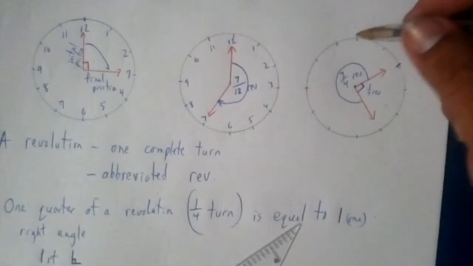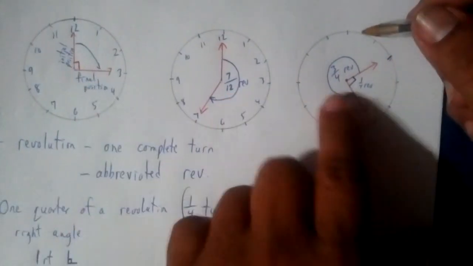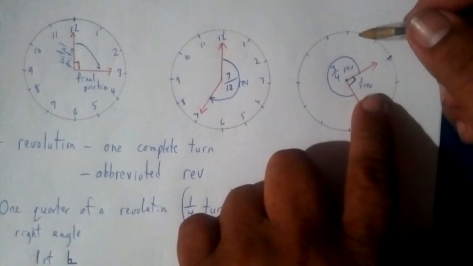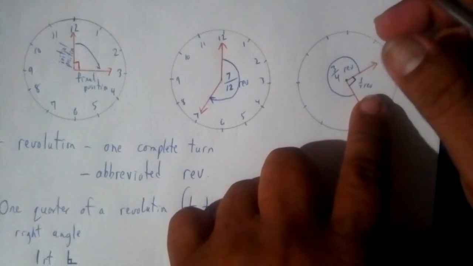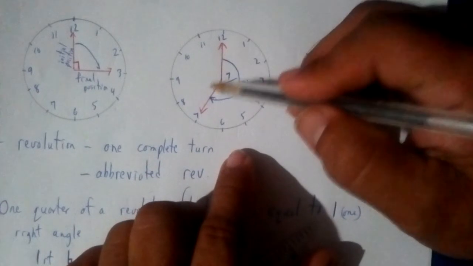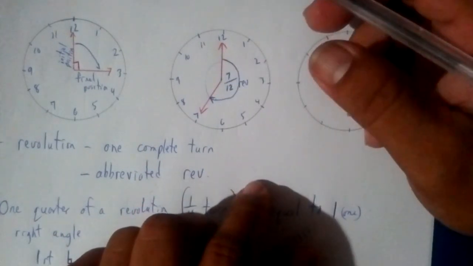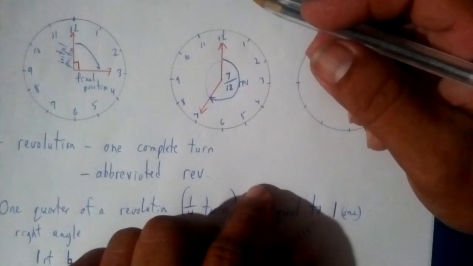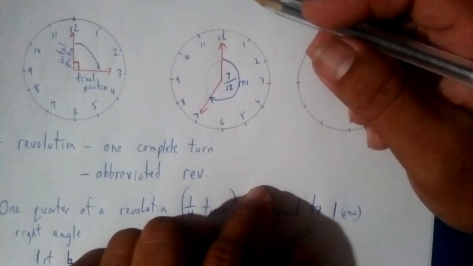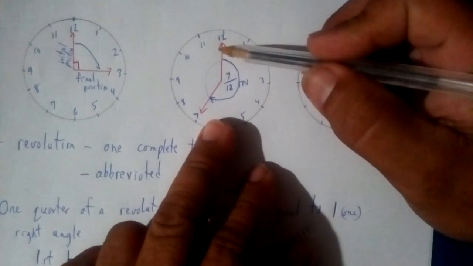So we have a quarter of a revolution, 7/12 of a revolution, 3/4 of a revolution here, and a quarter revolution here. Now pause the video for a second and think what would be the amount of revolution on this side.